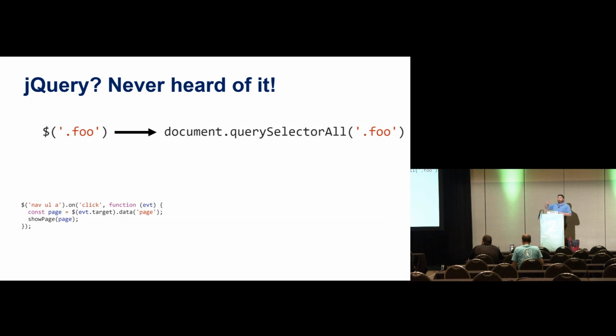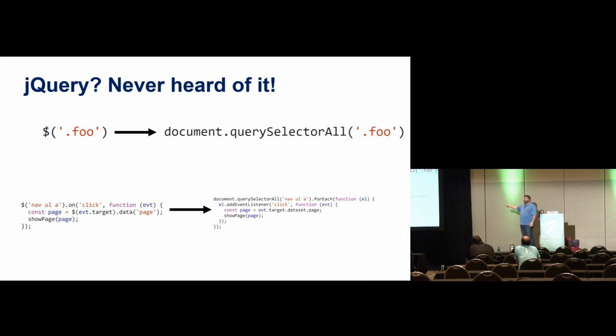Now, for those of you in the back, this might be a little bit difficult to read, but here I have some jQuery code for setting up a click handler for links on a page. And then here I have the DOM native API for how to do this.